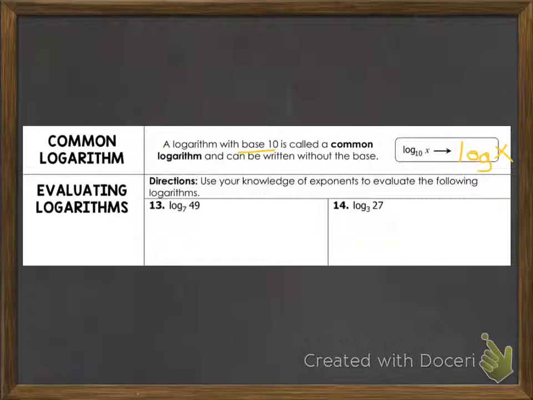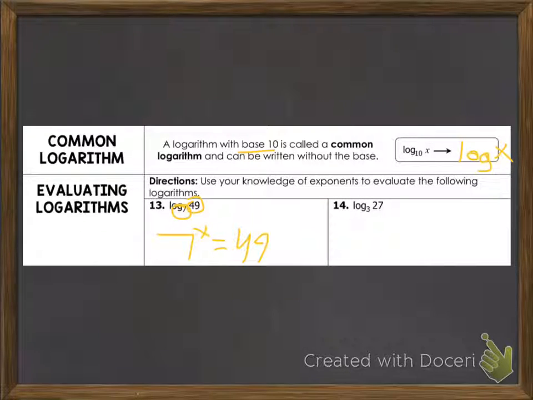Using our knowledge of exponents, evaluate the following logarithms. With number 17, we have log base 7 of 49. First, I want to rewrite this in exponential form. The 7 is going to become my base, the 49 is what I'm going to be equal to, and I need to know what my exponent is, so that's going to be my x.